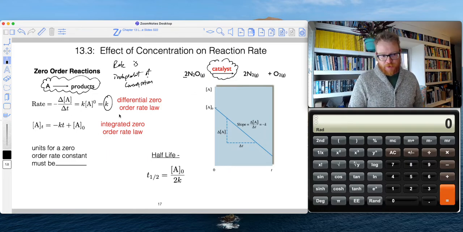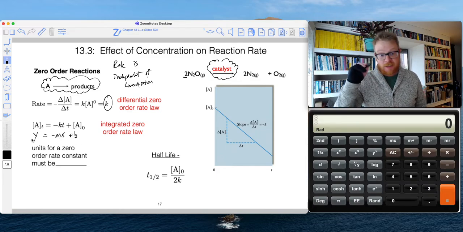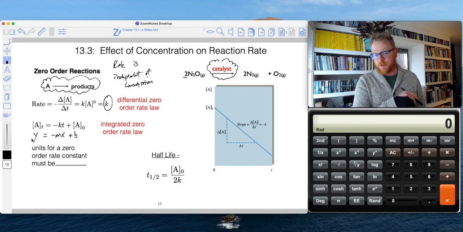If we were to do the integrated rate law, we would find the zero order reaction has a very straightforward integrated rate law. It's just y equals negative mx plus b, where y is just concentration. So we don't do any manipulation like we did with first order and second order.